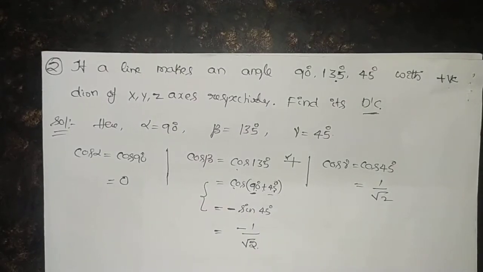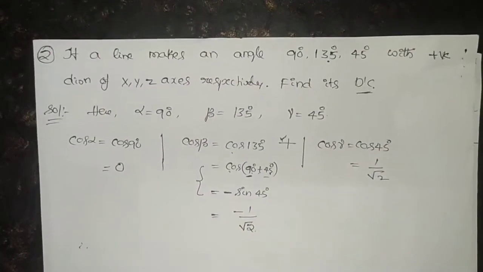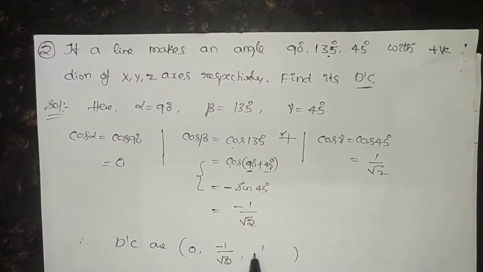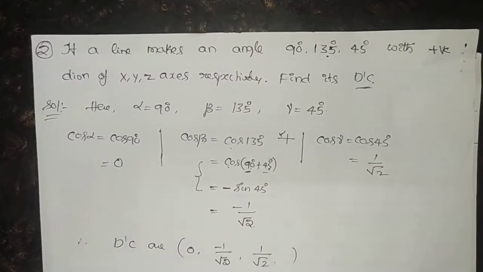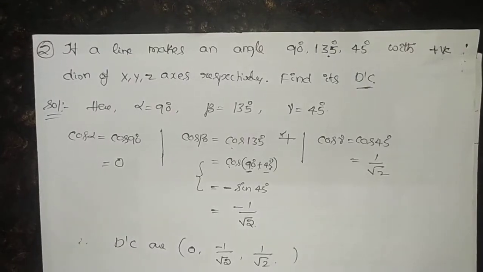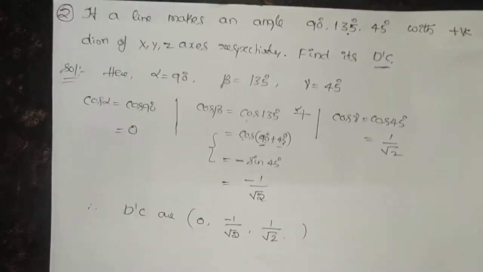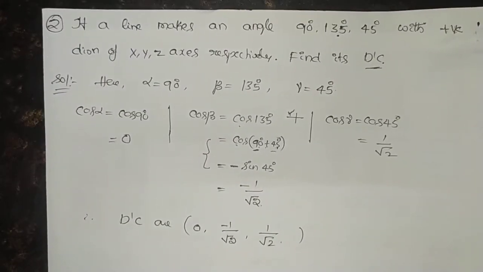Therefore the direction cosines are 0, minus 1 by root 2, 1 by root 2. Hence these are the direction cosines of the given problem. Understand?